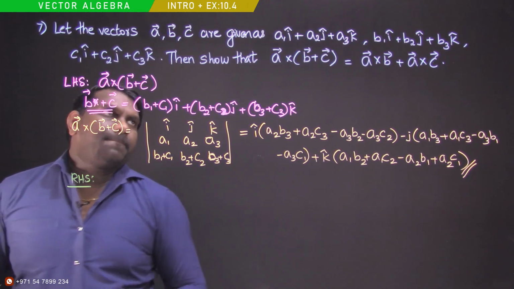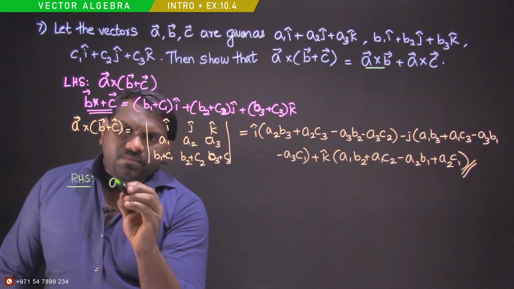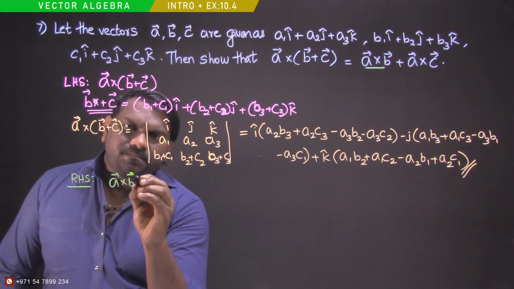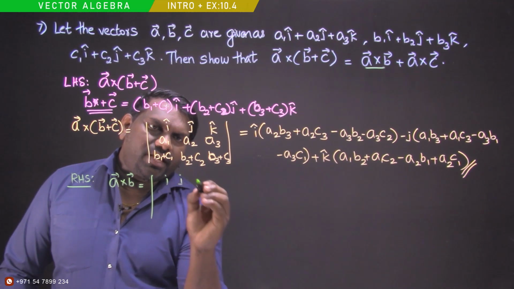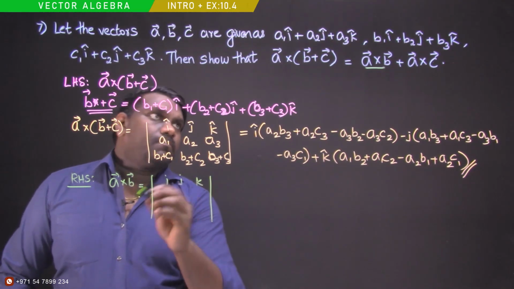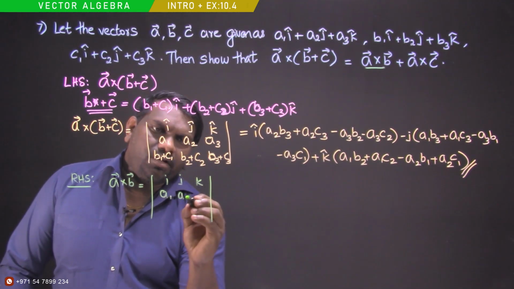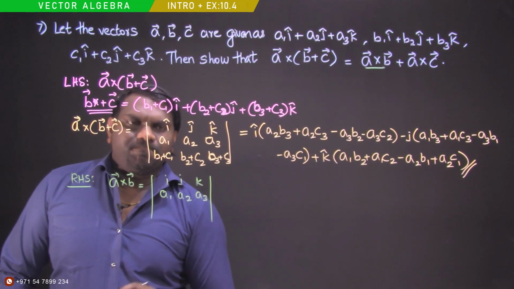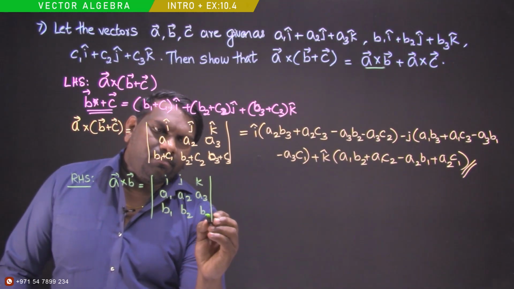For your RHS, we will try first A cross B, which is equal to the determinant with i, j and k, where A is A1, A2, A3 and B is B1, B2, B3.